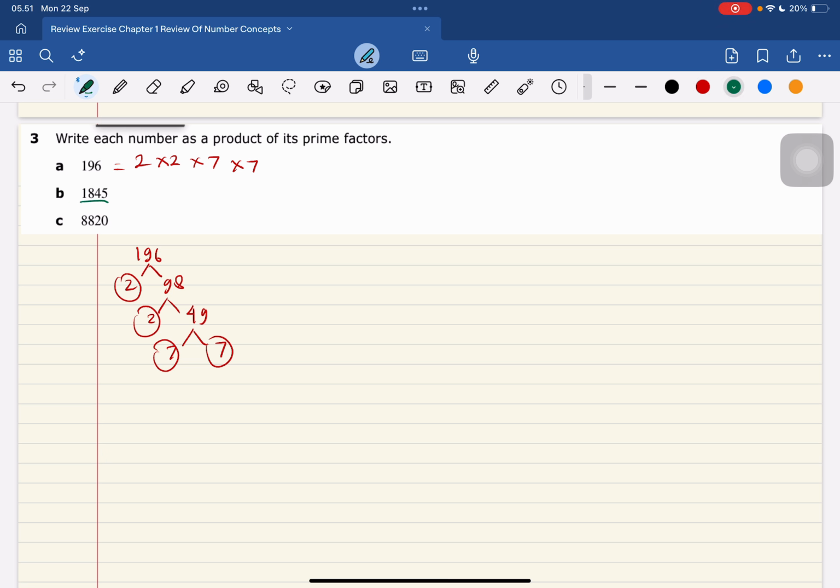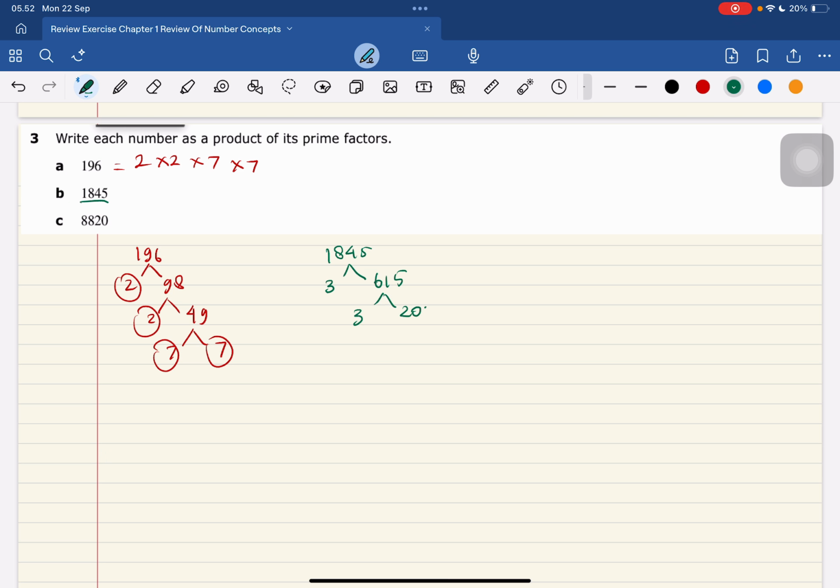Next is 1845. So let's write it here, 1845. We couldn't divide it by 2 since this is not an even number. So let's start with the second prime number. If we divide it by 3, it's going to be 615. Let's divide it by 3 again.